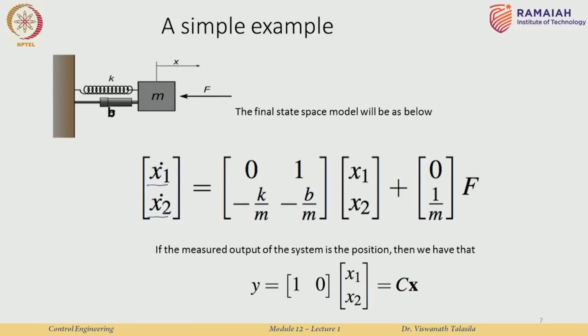So, if we recall the basic second order differential equation, we had m d square x by dt square plus b dx by dt plus kx. Now, what I am going to do is to introduce a new choice of variables.